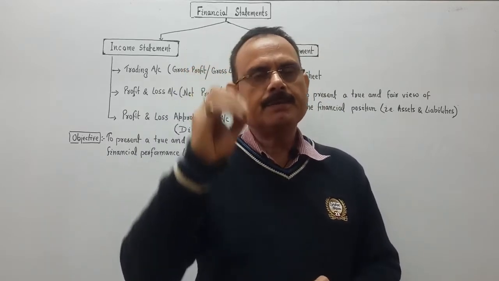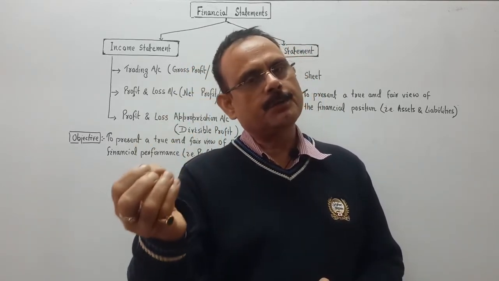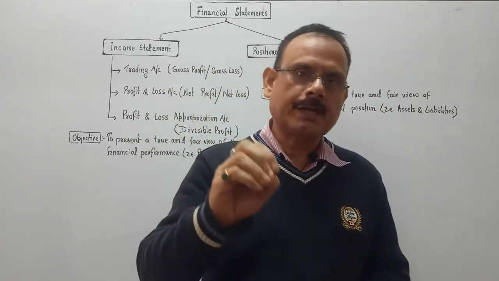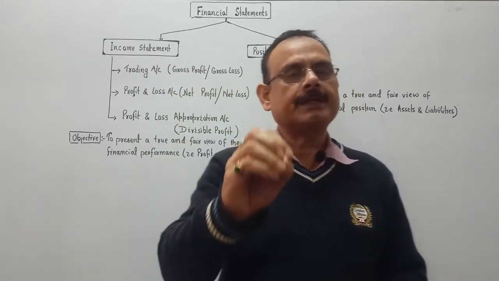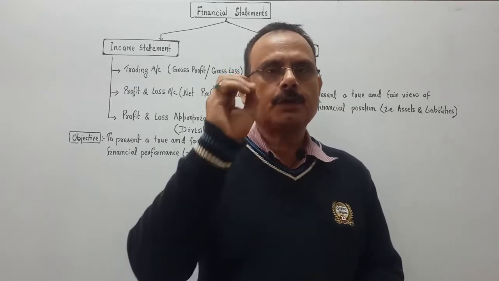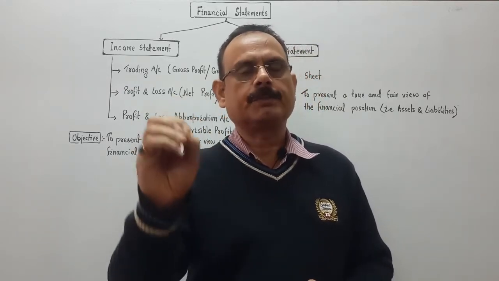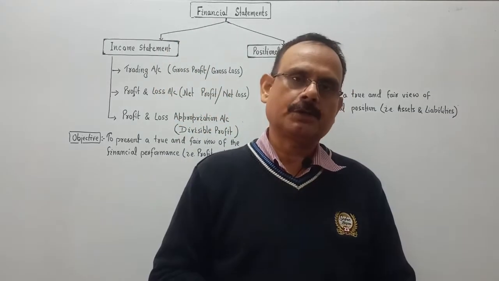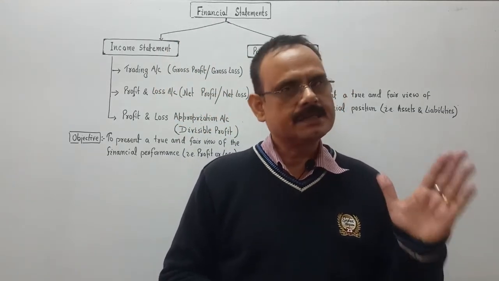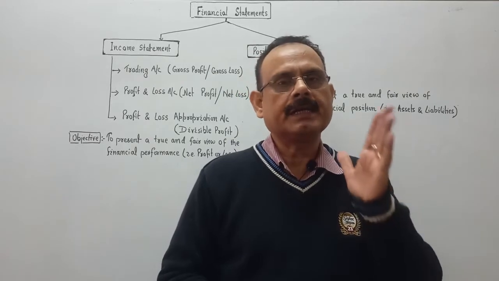So in the income statement, the manufacturing account will be prepared if it is a manufacturing company, or if it is a trading company, then we will prepare the trading account to know the gross profit or gross loss of the business, how much gross profit the business has earned or how much gross loss the business has suffered.